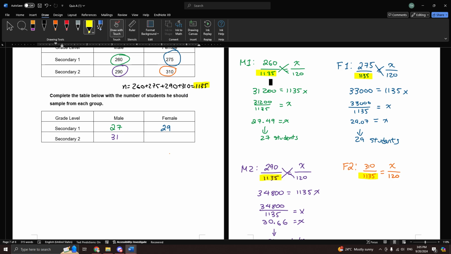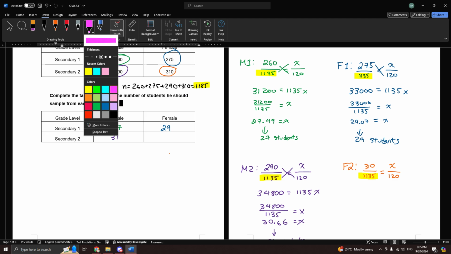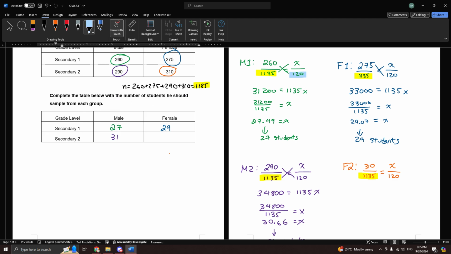I won't be adding or removing students from my population, right? And my sample size, which is how many students I want in my sample, does not change either. It's still 120 for all of them, okay? These denominators will not change whichever strata we're dealing with, all right?